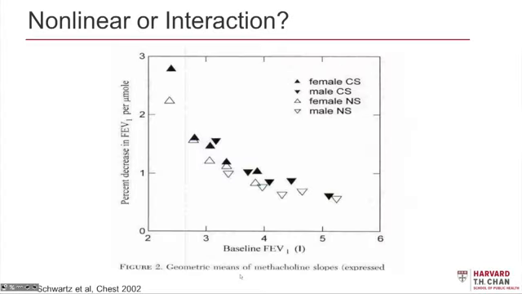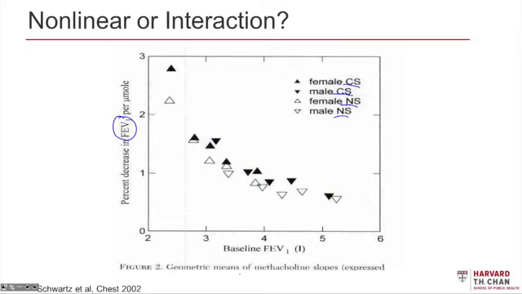So here's an example of that. This is that same thing, the slope of what percent decrease there is in lung function per unit dose of methacholine. And I'm looking at 4 different groups of people: female current smokers, male current smokers, female never smokers, and male never smokers.